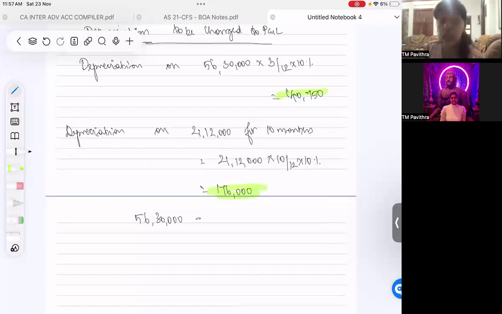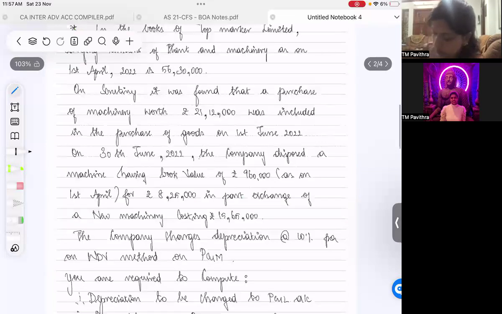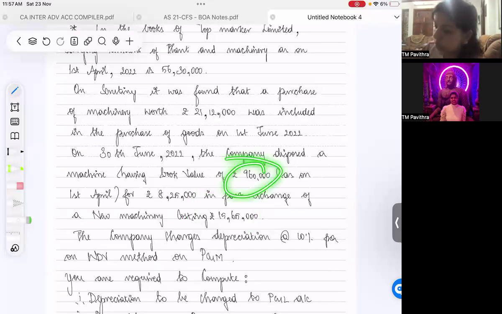We have a reduction because we are selling off a machine worth rupees 9,60,000. We are also bringing in a new machinery which is worth 15,65,000. So this is the value of the new machine we are adding, and this is the value that is being sold.